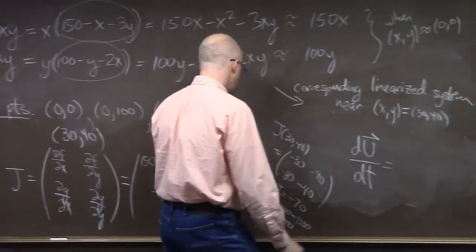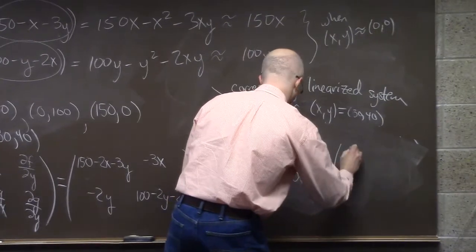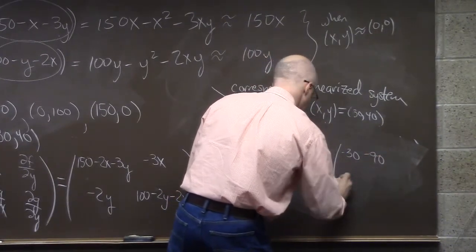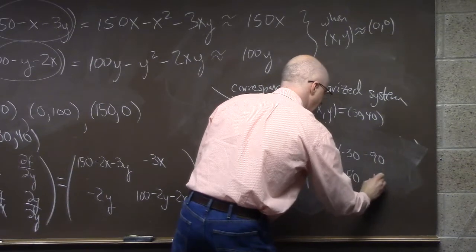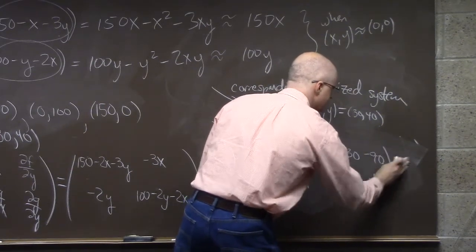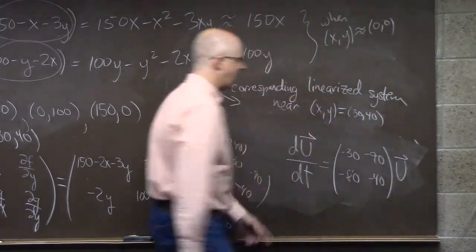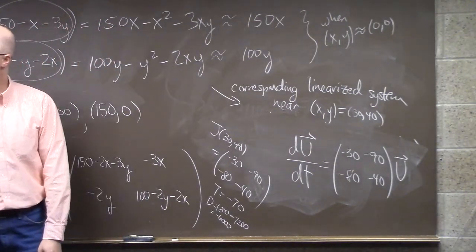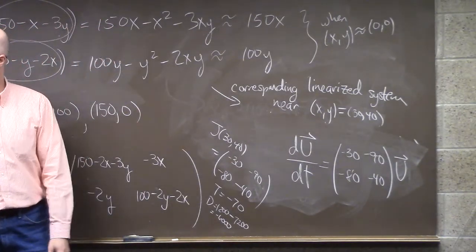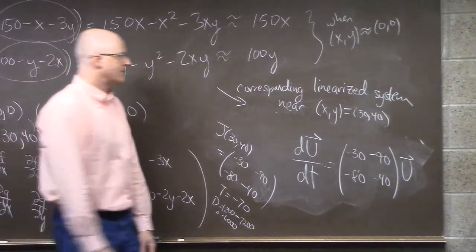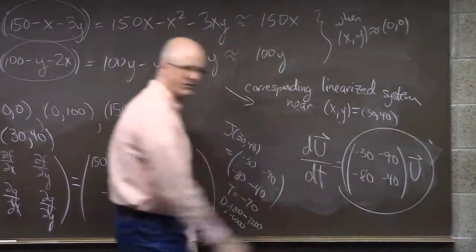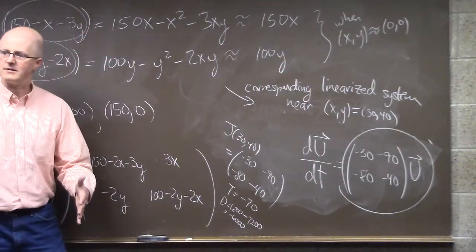The corresponding linearized system is this. And I'm going to want you to be able to write it this way on the test. I'm going to ask you to write the corresponding linearized system with this capital U, in fact. This right-hand side function is a linear function of U. It's a matrix times a vector.